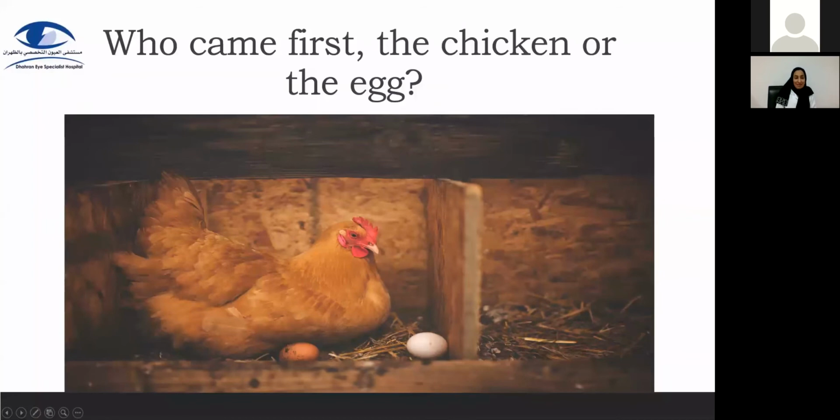The other question, which I face a lot from my fellows and residents, is who came first? I call it who came first, the chicken or the egg? When they ask me, what shall we go for first, strabismus surgery or the treatment of amblyopia? In this, we need to know the underlying cause.